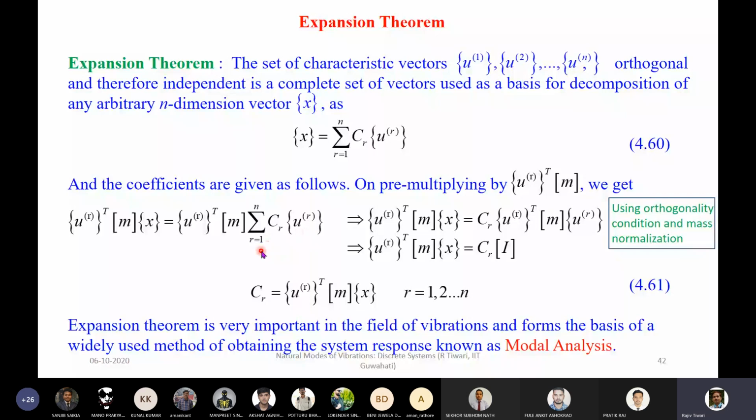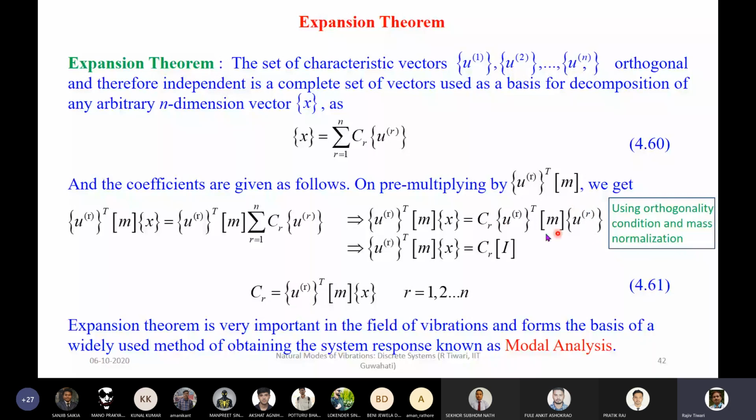Only when r is equal to s, it will be non-vanishing. Otherwise, all the terms in the series will be 0. And when we mass normalize it, then this quantity will be nothing but the identity matrix.